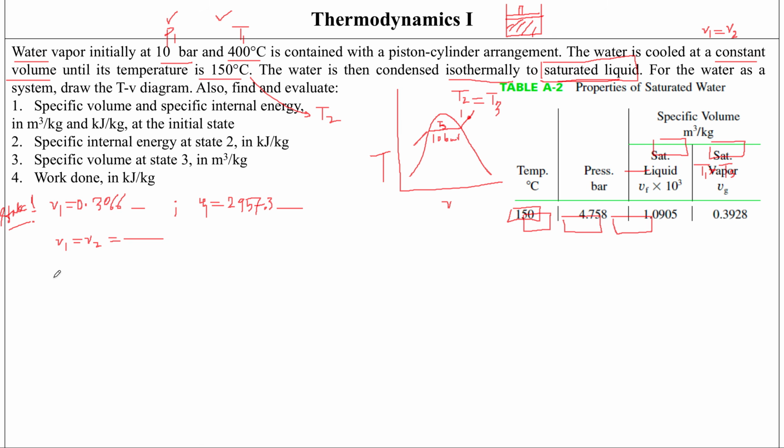So when I've got temperature given to me, this is going to give me the pressure information, which is P2 equal to 4.758 bars. And basically, I know what v2 is, so I need to find out whether v2 is between vf and vg.